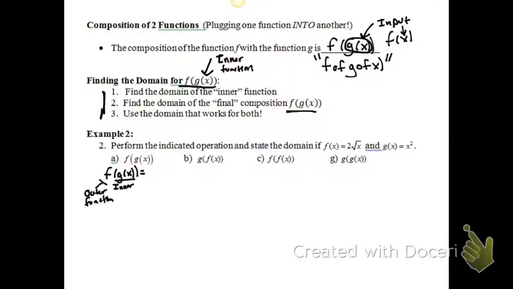So when I first do these, I like to rewrite the outer function, which in this case is f, with, instead of an x, a box. So instead of writing 2 square root of x, I'm going to put 2 square root of box. If you want to write this down, it may not be a bad idea, and then you can look at it later on when you get stuck in a different problem.